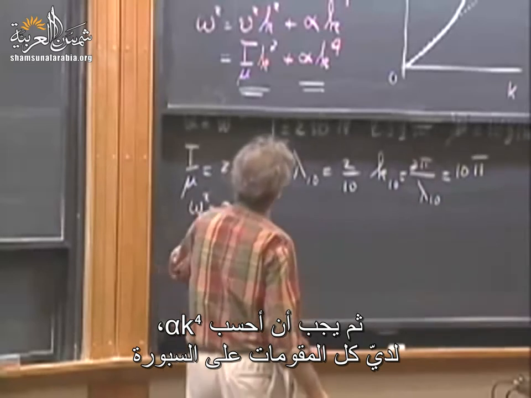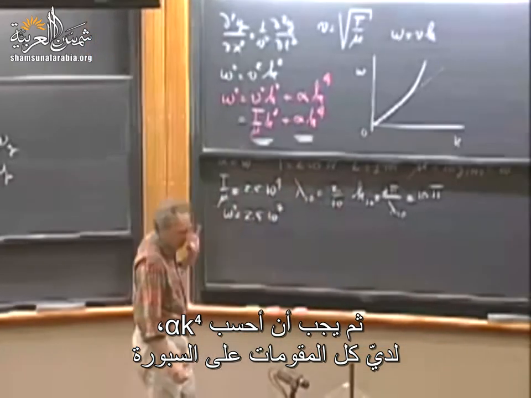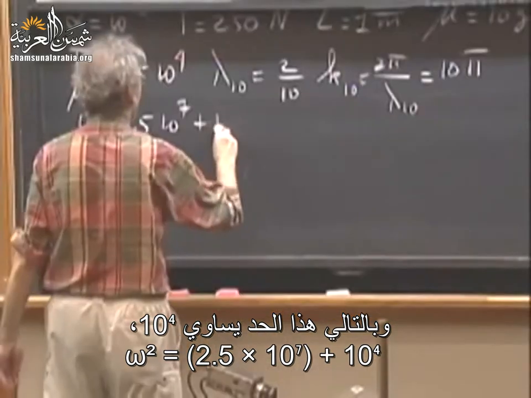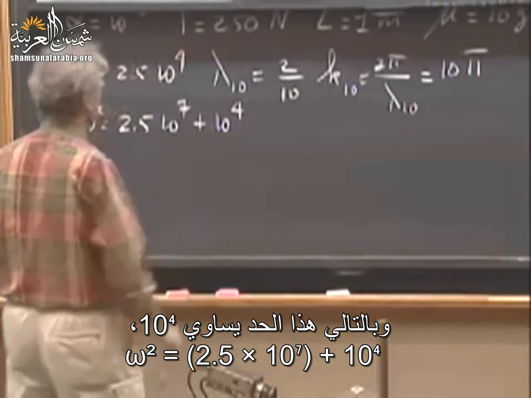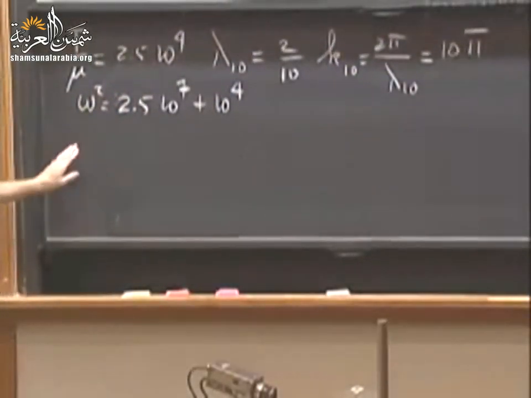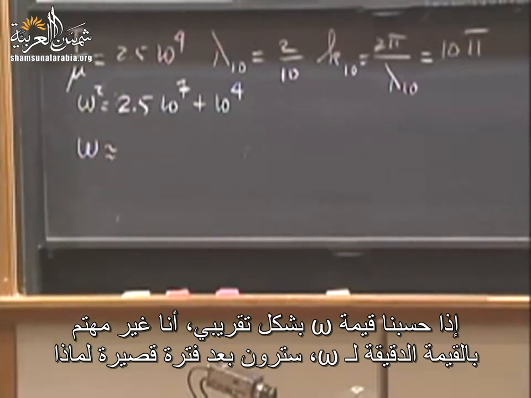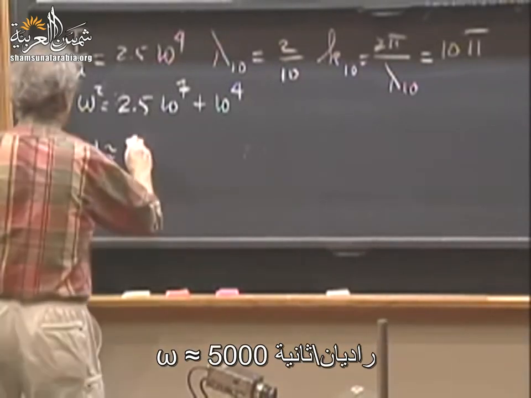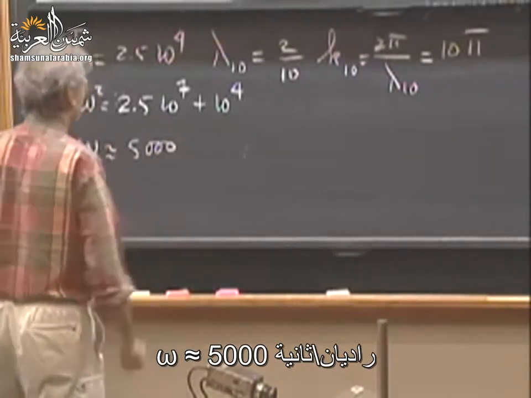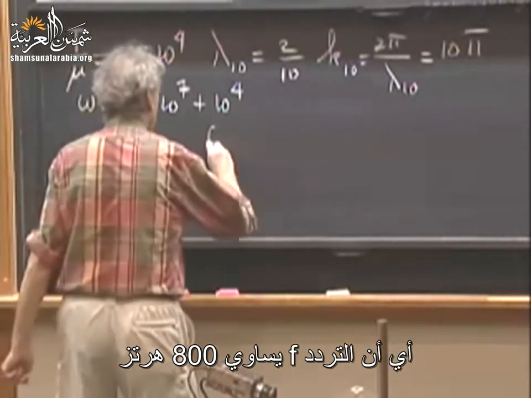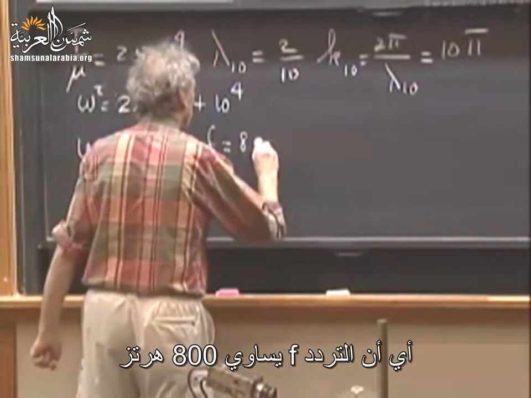And then I can calculate alpha k to the 4th, and you find that this term is 10 to the 4th. If I calculate roughly what omega is, I'm not interested in the exact value, you'll find that omega is about 5,000 radians per second in this case, which translates into a frequency of about 800 hertz.